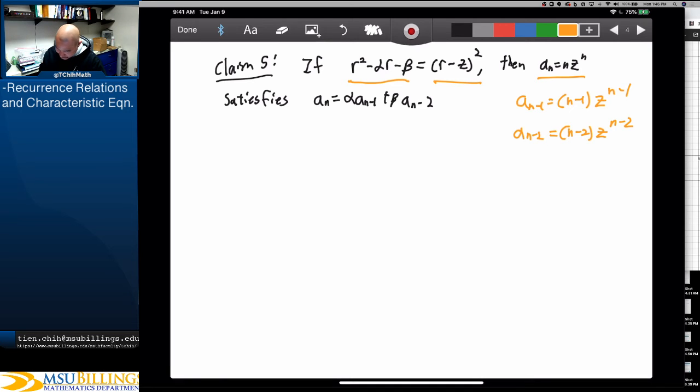And so, in a similar spirit to what we've done before, I want to take n z to the n minus alpha times n minus 1 z to the n minus 1 minus beta times n minus 2 z to the n minus 2.